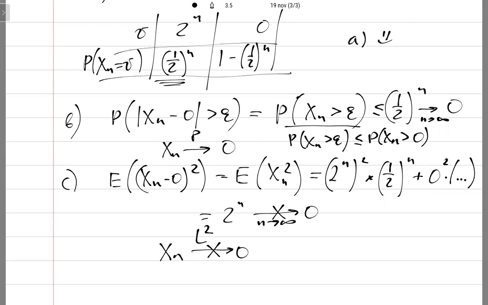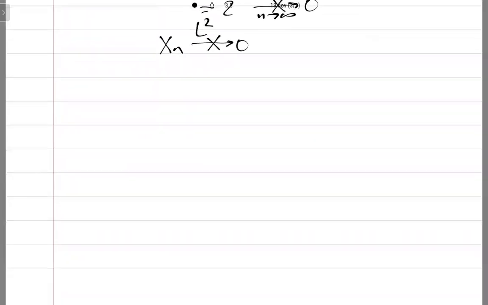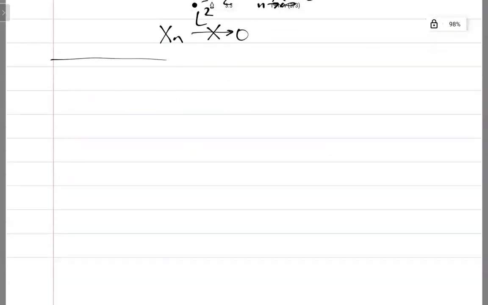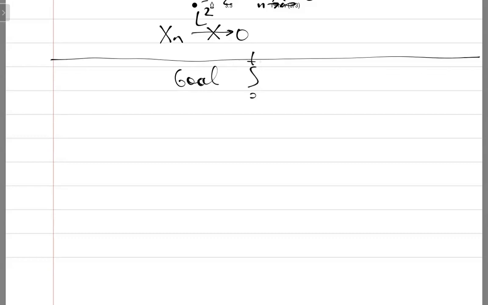Yes, clear. Okay, now let's go back to our goal. I remind you that our goal is to calculate the integral from 0 to t of W dW. To achieve this goal, first we will build a discrete approximation.